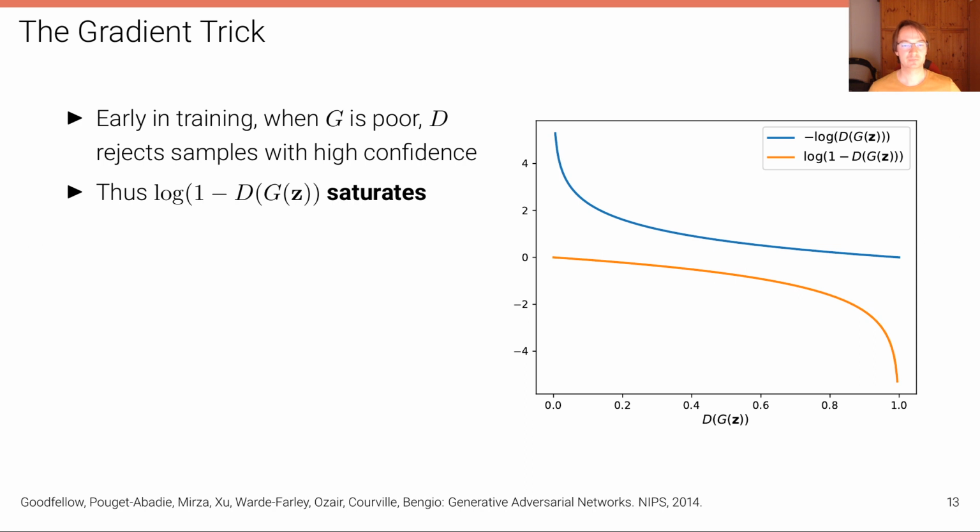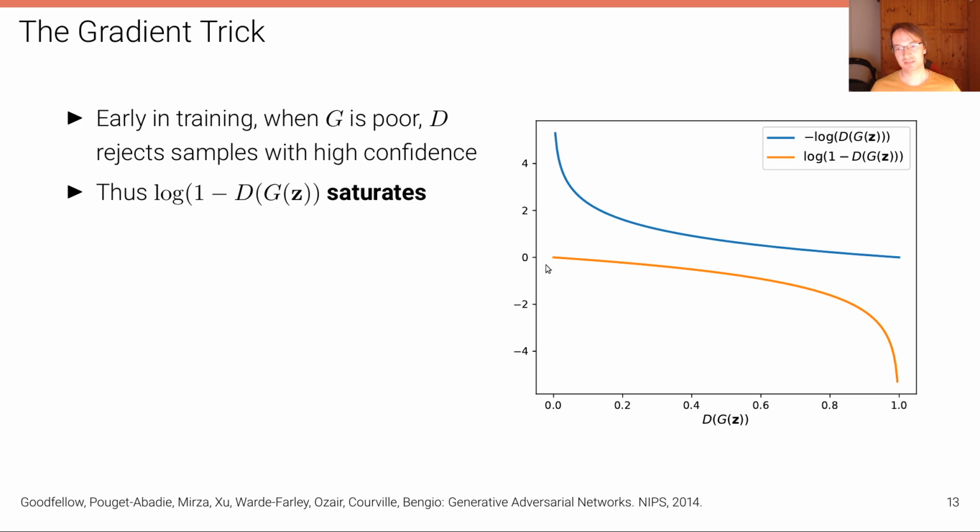Remember again, D outputs a probability: it outputs 1 if the sample comes from the data distribution, and 0 if the sample comes from the generator. In the beginning, it has a particularly easy time because the samples produced by the generator are rather random. So D can easily reject these samples, and easily attain a value of 0 in this expression here.